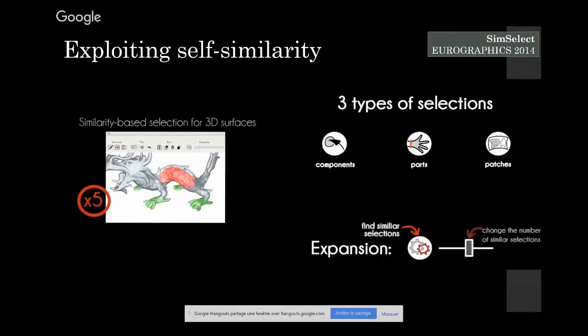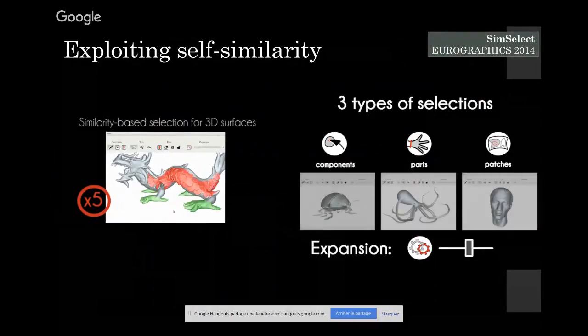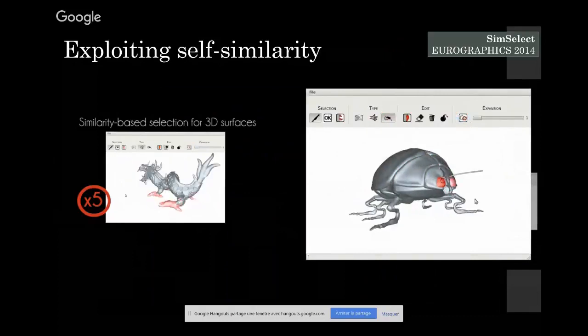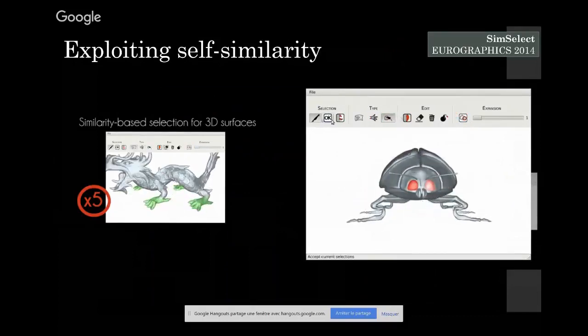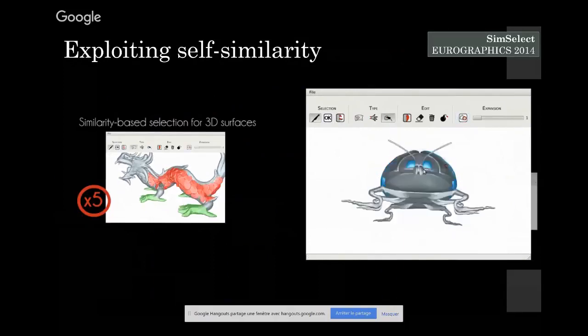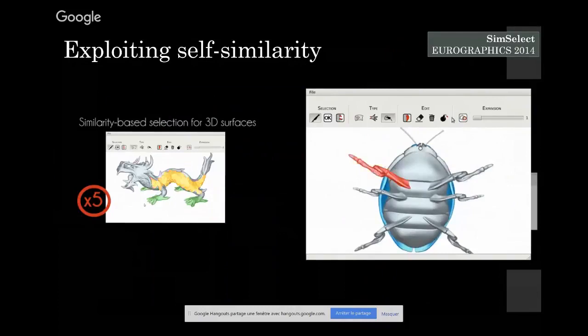And like pretty much 2 or 3 years ago, we did something similar, this time purely in 3D, where we wanted to have a selection system where basically when you select something complicated and you took time to actually select a piece of geometry that you're interested in for applying some processing or some editing, we wanted a system that helps you not spend so much time doing the same thing all over the shape.